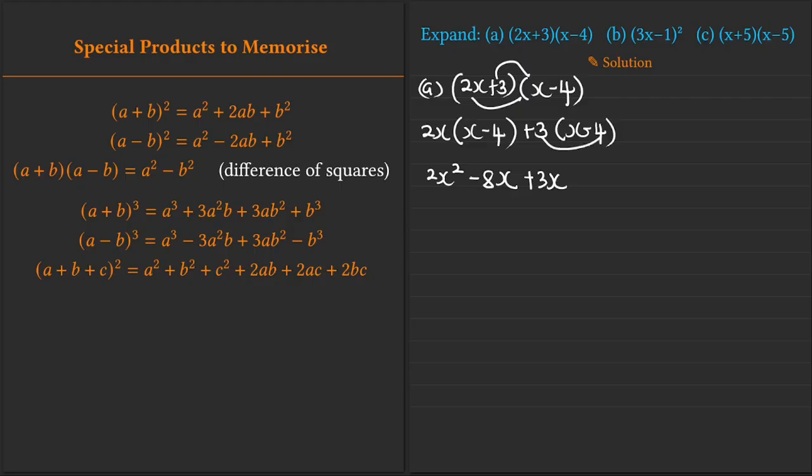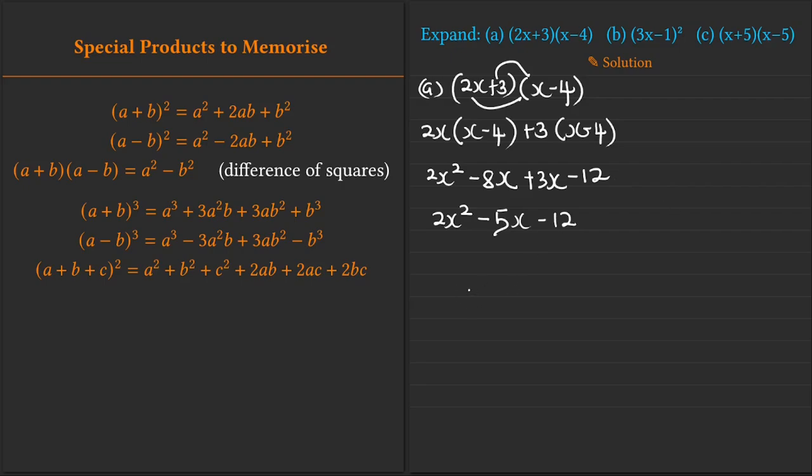Then 3 times negative 4 gives us a negative 12. Simplifying further, we have our 2x squared. The negative 8 plus 3 gives us a negative 5x. And then we have our minus 12. This is using the distributive law for even two binomials.